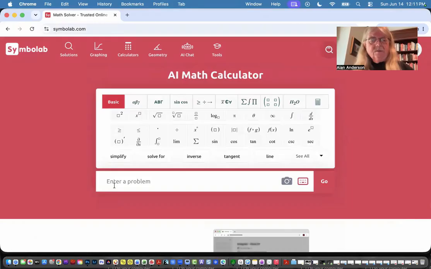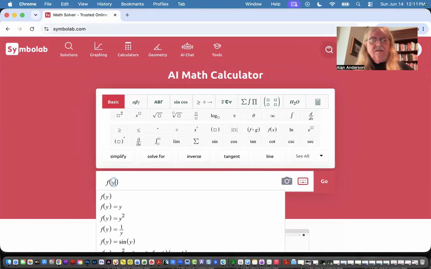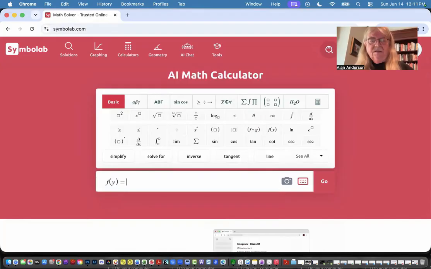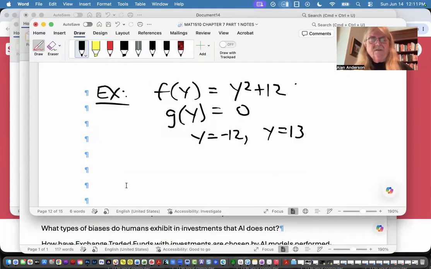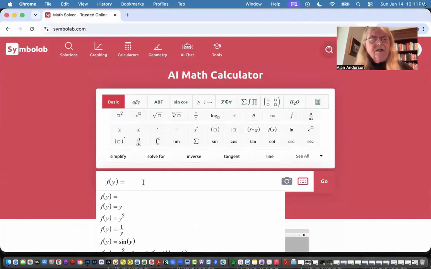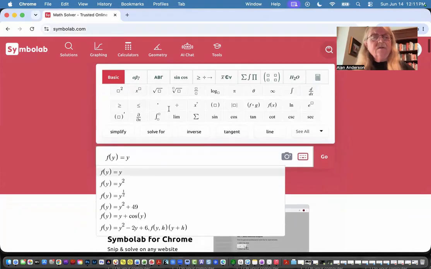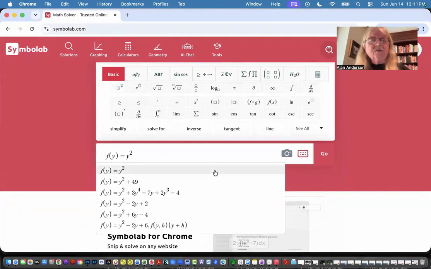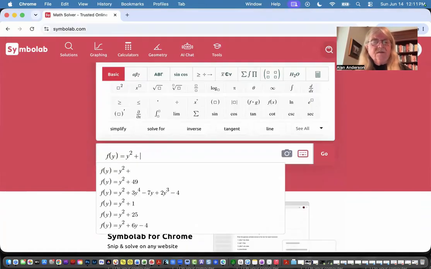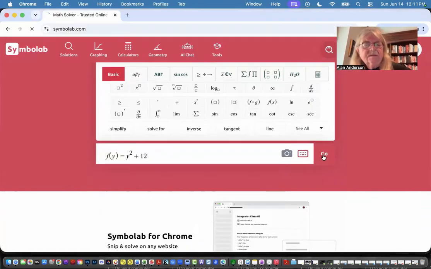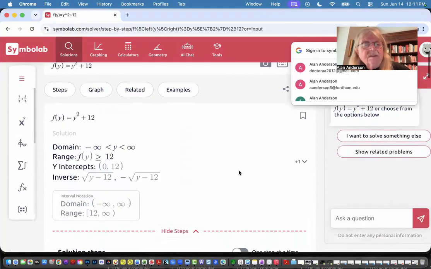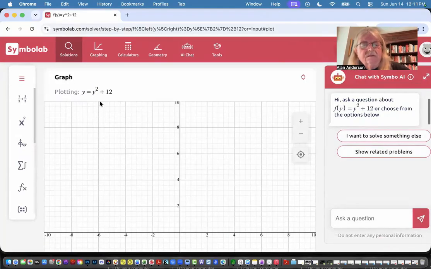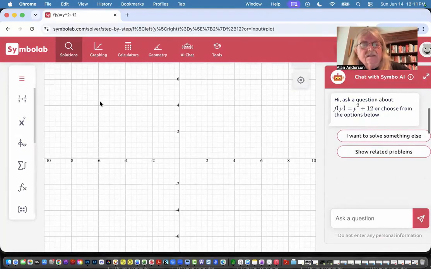f of y equals y squared plus 12. Now, theoretically Symbolab could show two different functions at once, but I've always had trouble doing that. Let me just do this. See what this one by itself looks like. Oh, okay.